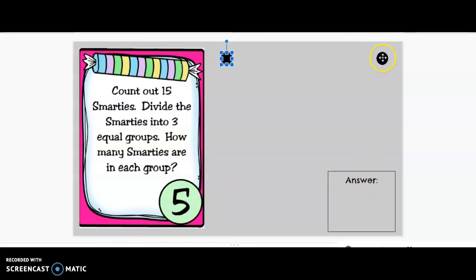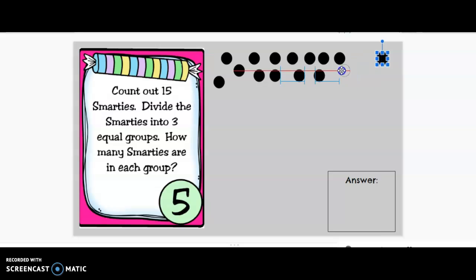Well, the first thing that we're going to do is count out our 15 Smarties. 1, 2, 3, 4, 5, 6, 7, 8, 9, 10, 11, 12, 13, 14, 15.